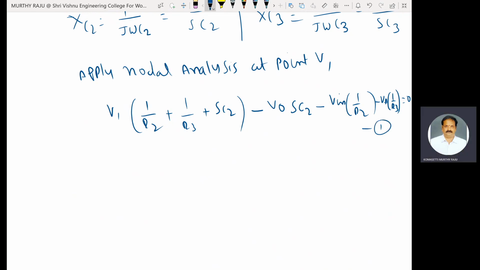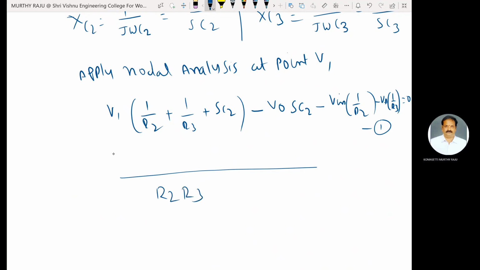Further simplify this equation 1. We use the LCM, R2 R3. V1 into, here R2 is there, that is R3, here R3 is there, R2.